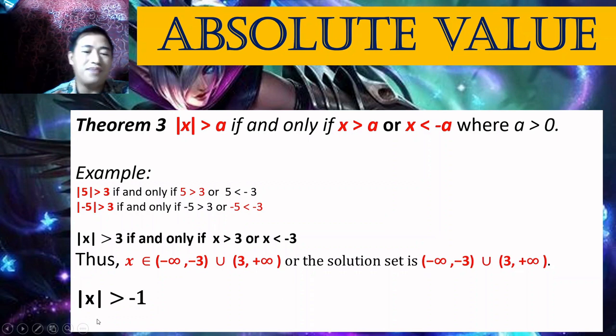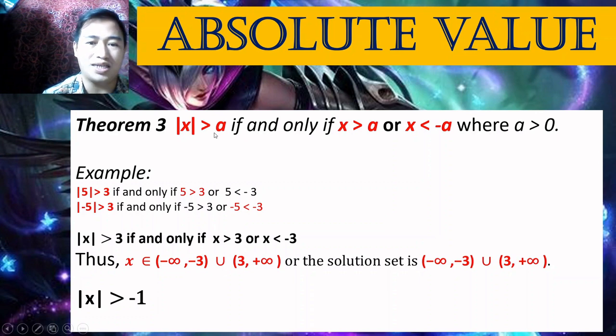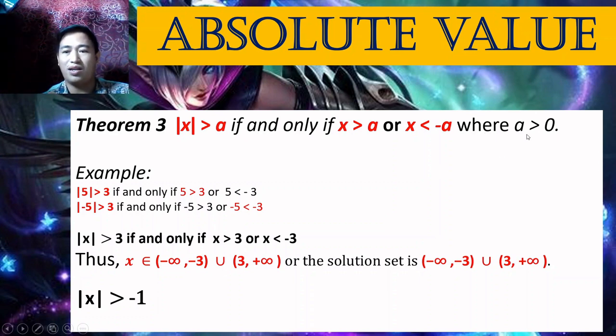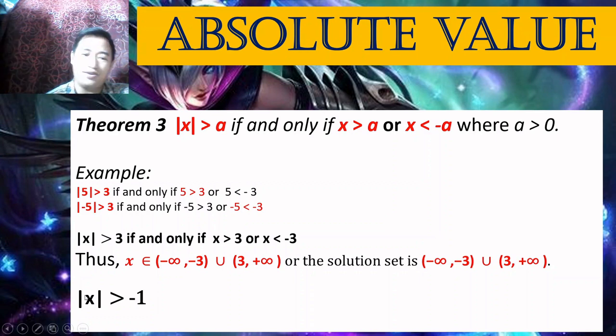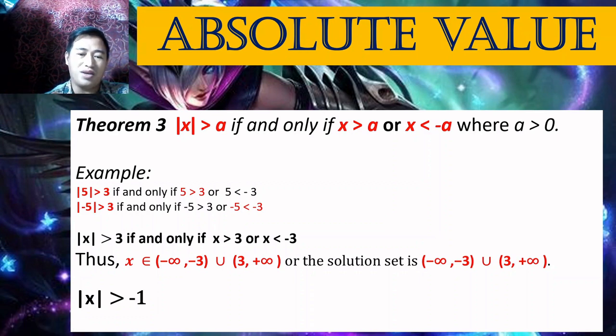Okay, what if class are the absolute value of x is greater than negative 1? So, what if negative 1 ng a dire? Alam niya, gihatag class na kay dapat a raman dire is positive. So, sa may mahitabo ani class. Diba class, ang absolute value ni x kay greater than or equal to 0. So, sa may mahitabo class kung greater than nato ni negative 1. So, therefore, true ni siya always.